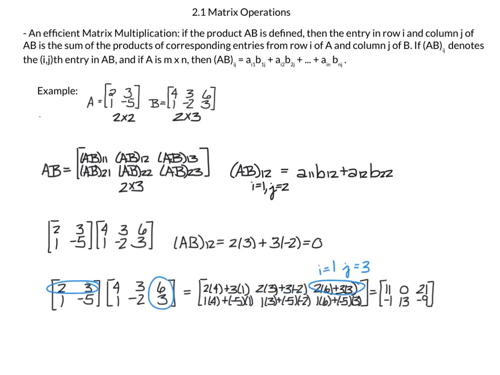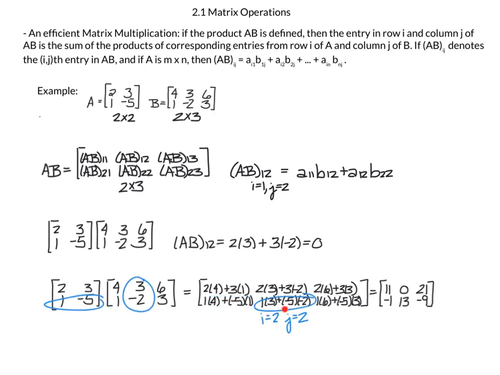And for the first row, third column of AB, we take the first row of A times the third column of B, 2 times 6 plus 3 times 3. For the second row, first column of AB, we take the second row of A times the first column of B. So that's 1 times 4 plus negative 5 times 1.